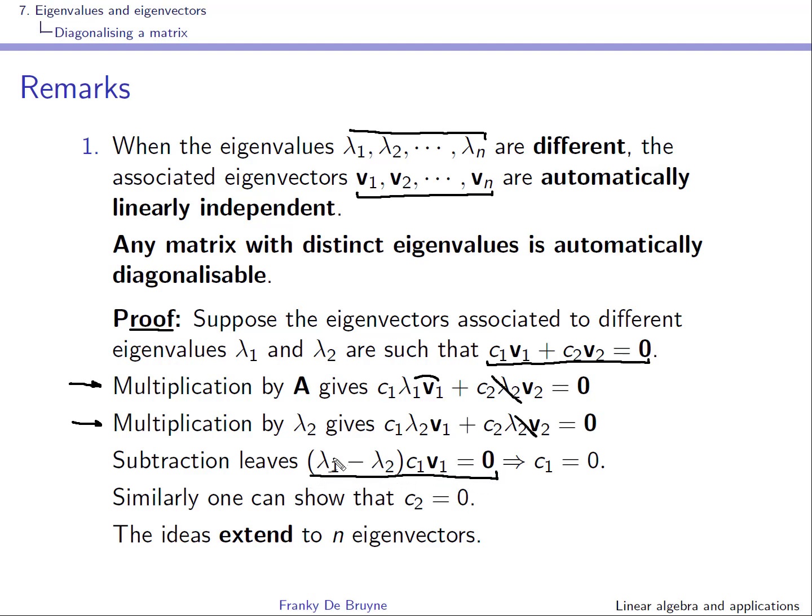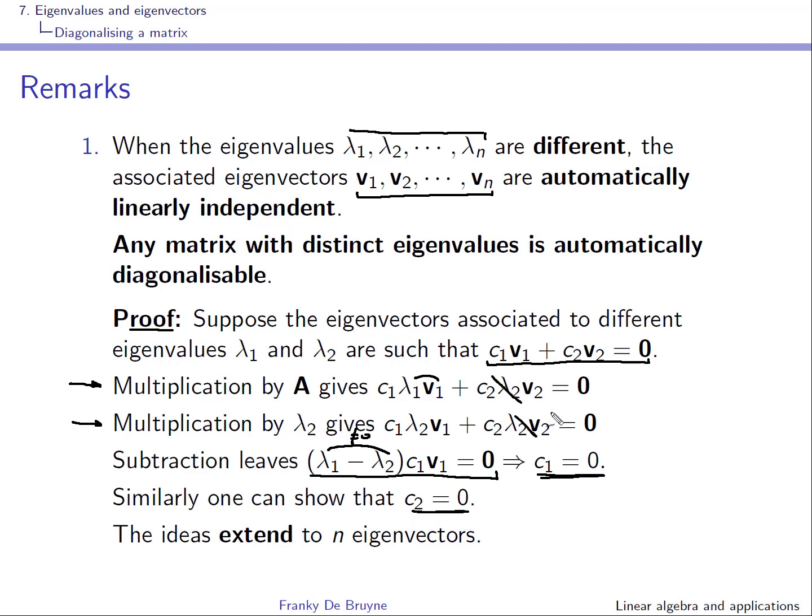We have assumed that lambda 1 and lambda 2 are different, so this is different from 0, so this means that C1 is equal to 0. If we do the same thing but we multiply the equation by lambda 1, you can prove that C2 is equal to 0.